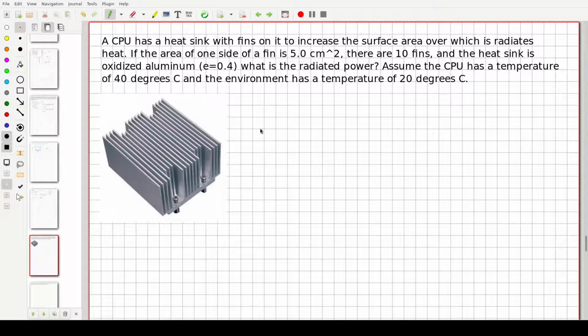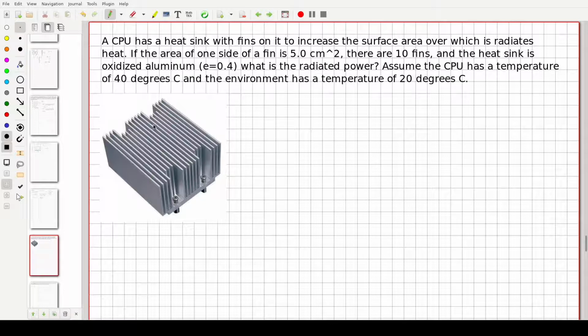Now, so in this case, our CPU has 10 fins, each of which has an area on one side of 5 centimeters. So a true area, discounting the edges here, would be this side plus this side. That's for one fin.